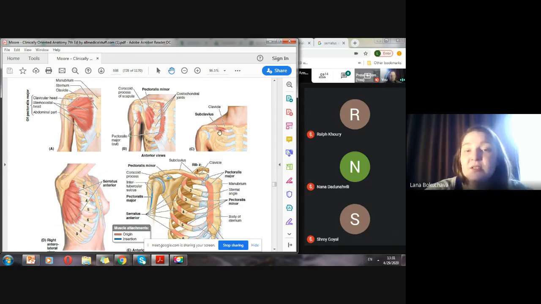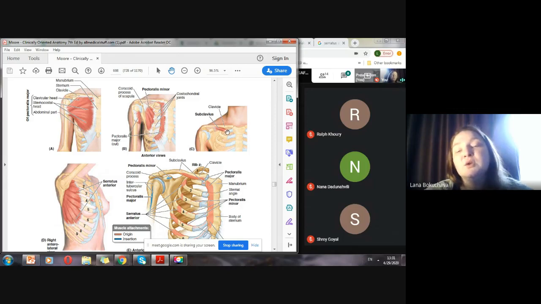So simply this is the muscle itself, and as you can see here, mainly it is attached at the junction of the first costal cartilage and the first rib, as you can see.